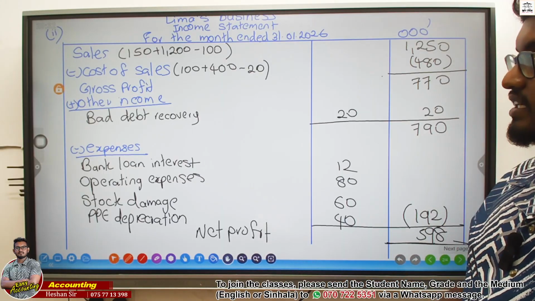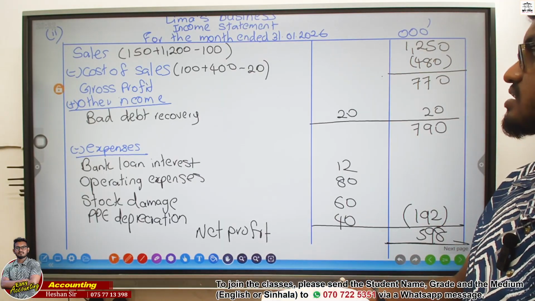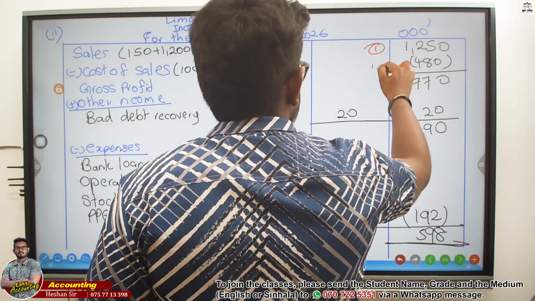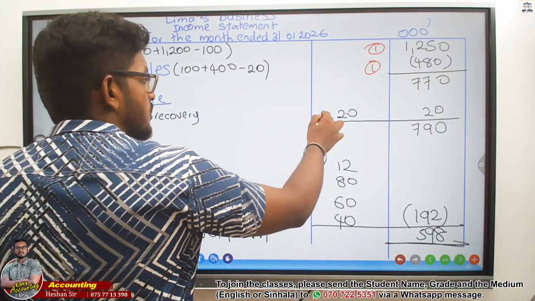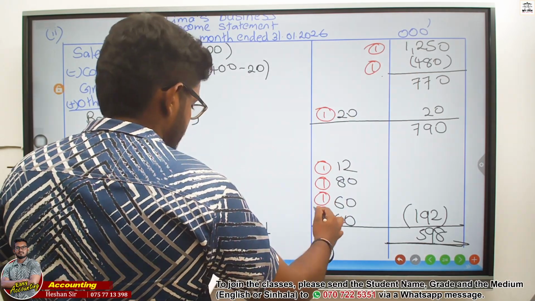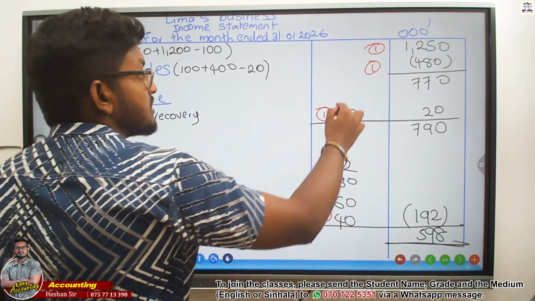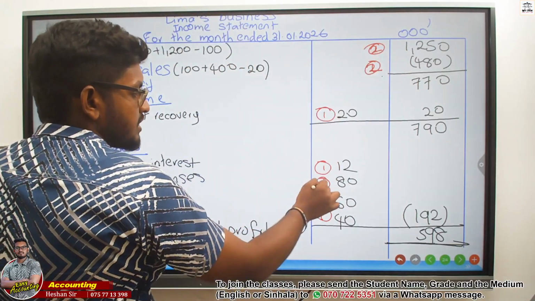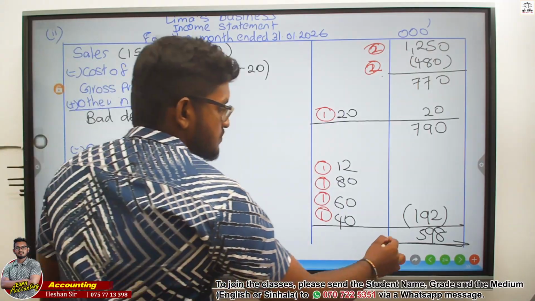Then for the P and L, it's 10 marks. How do the 10 marks come? Sales is 1, 2, 3, 4, 5, 6, 7. Right? For these things, 2 marks each: 2, 4, 5, 6, 7, 8, 9, and for this one, 10.